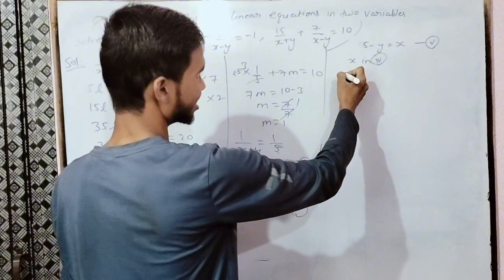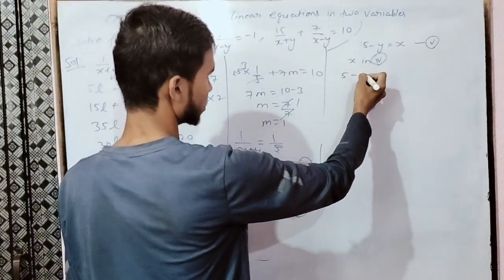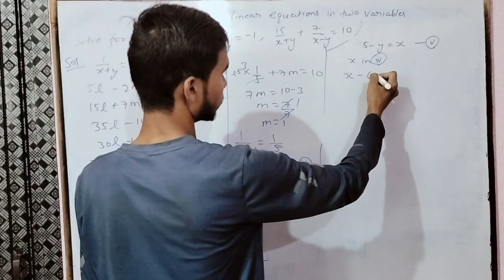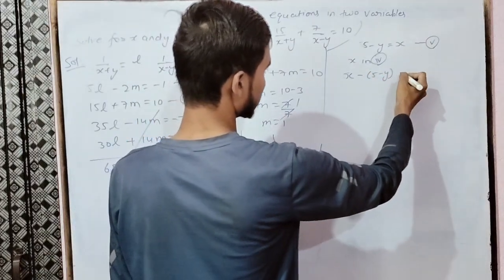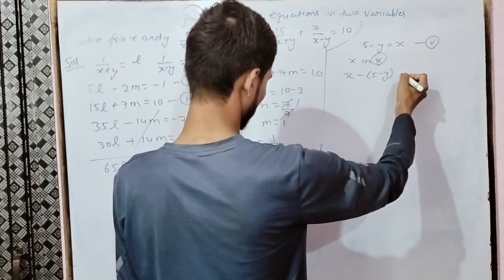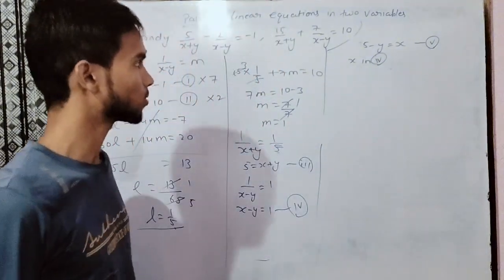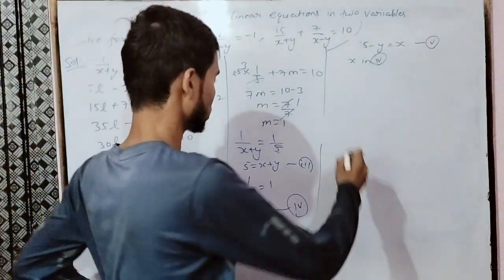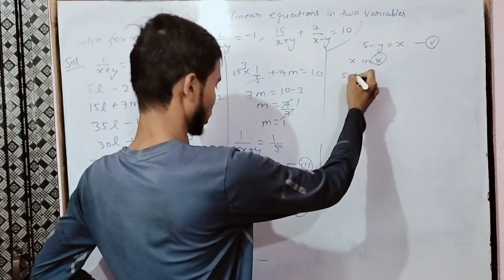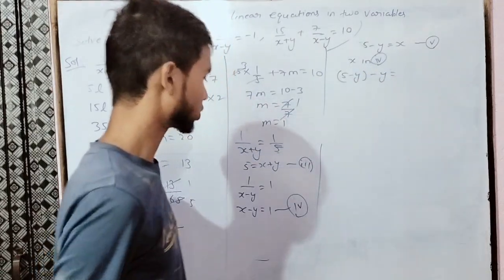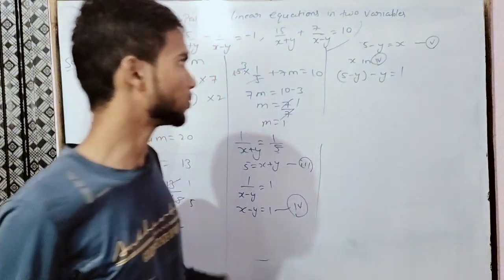So x minus y, that is 5 minus y, and then minus y is equal to how much? 1.